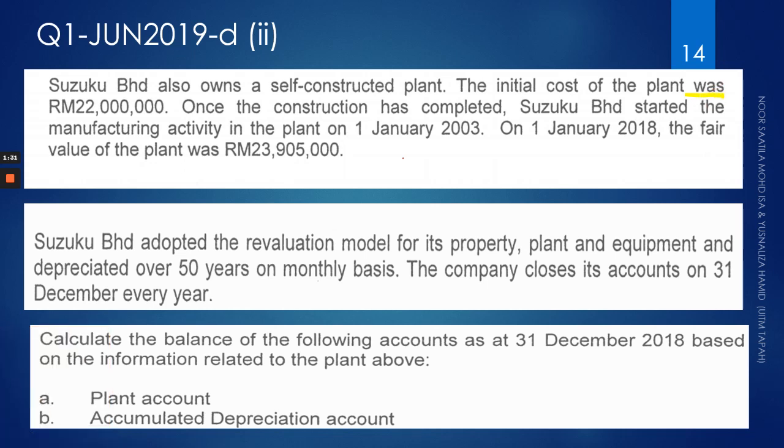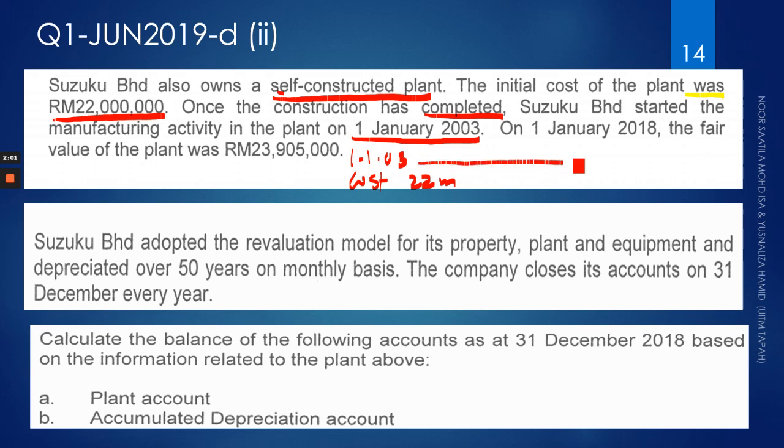Once the construction has been completed, they started manufacturing in the plant on 1st of January 2003. So this is the date that it has been completed, and the cost was 22 million on that date.